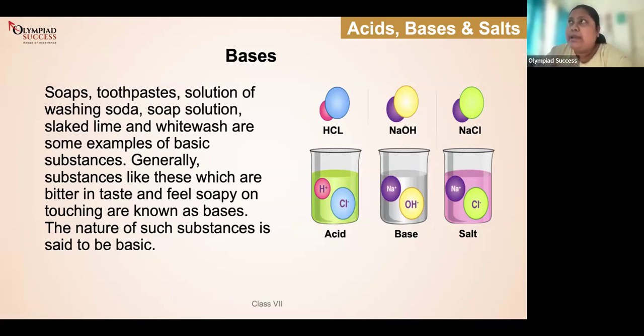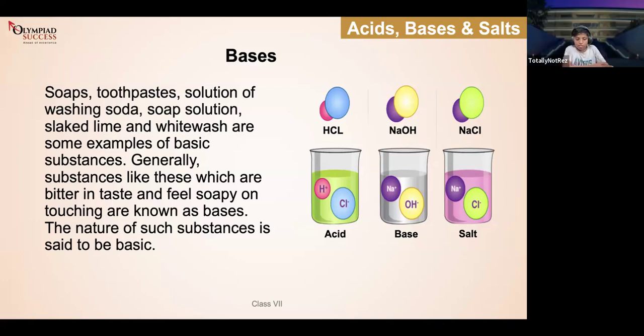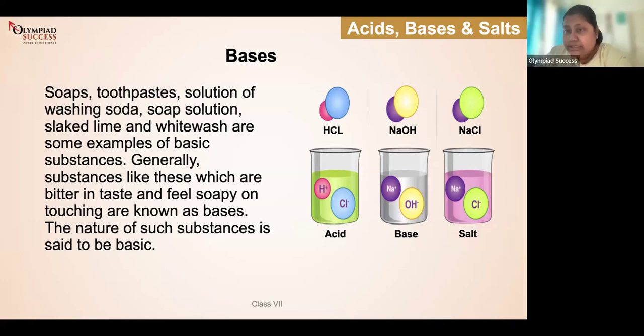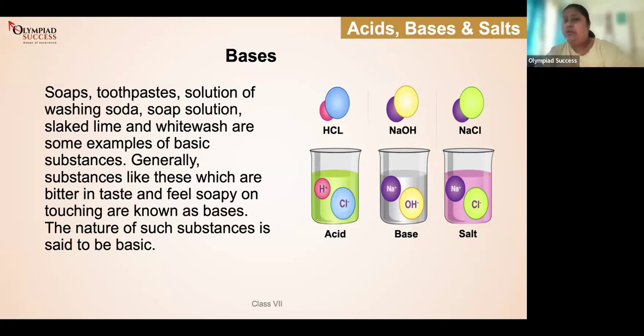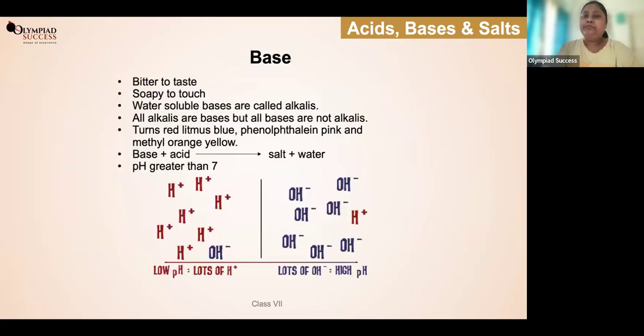So if I have one chemical with pH 7 and one chemical with pH 10, which one is more basic? The pH 10. Yes, remember this. And if I have pH 5 and pH 2, which one is more acidic? The two. Yes, very good. Remember these points while we are discussing the topics.